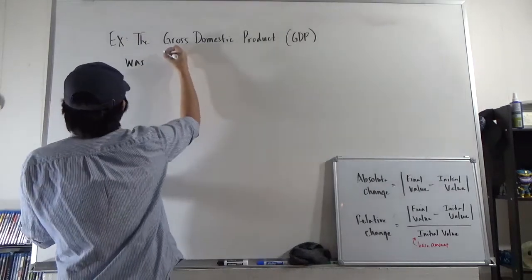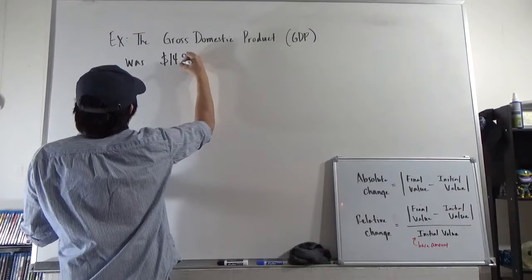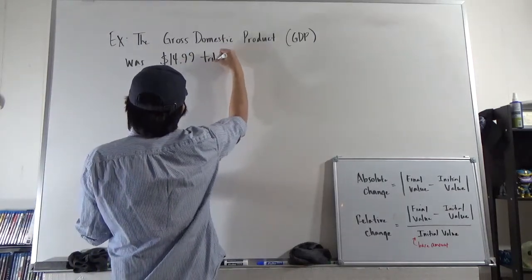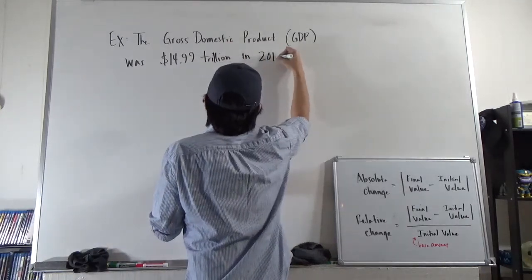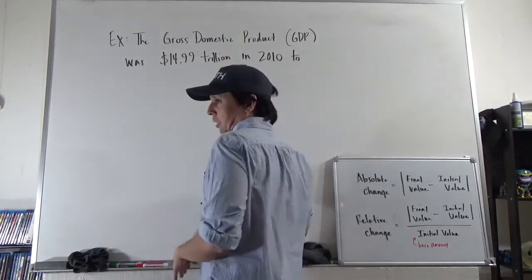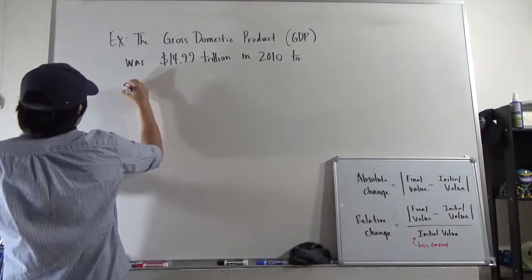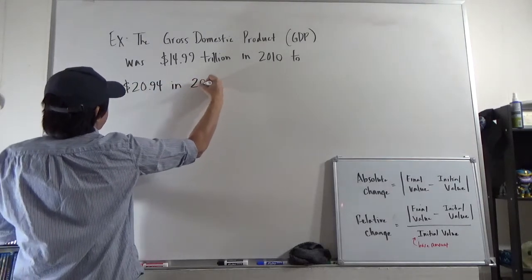We're going back to 2010. And back then, the sum of all the goods and services totaled to $14.99 trillion in 2010. And then sometimes they like to look at 10-year periods. To 2094 in 2020.